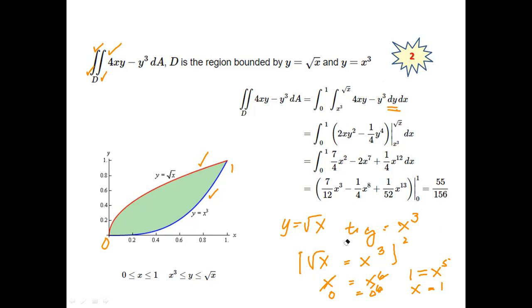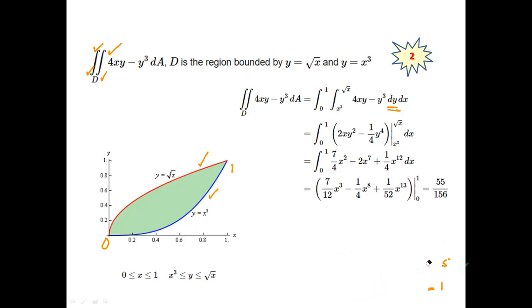Let me erase this part here so I can write how that particular answer in the second line came about. You will substitute square root of x for the y's because you integrated in terms of y.